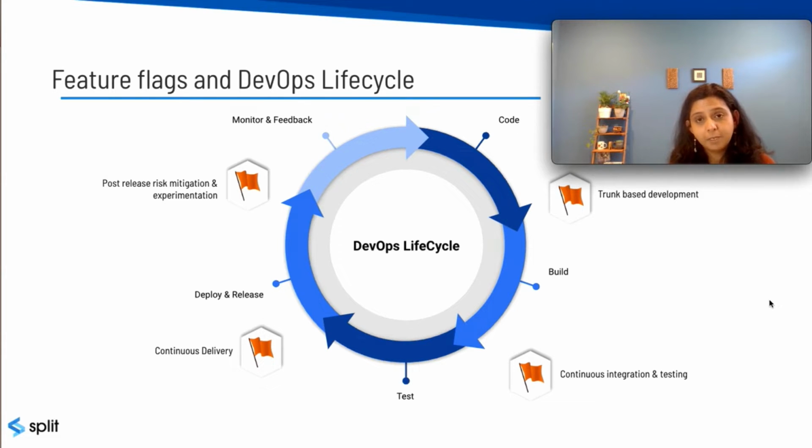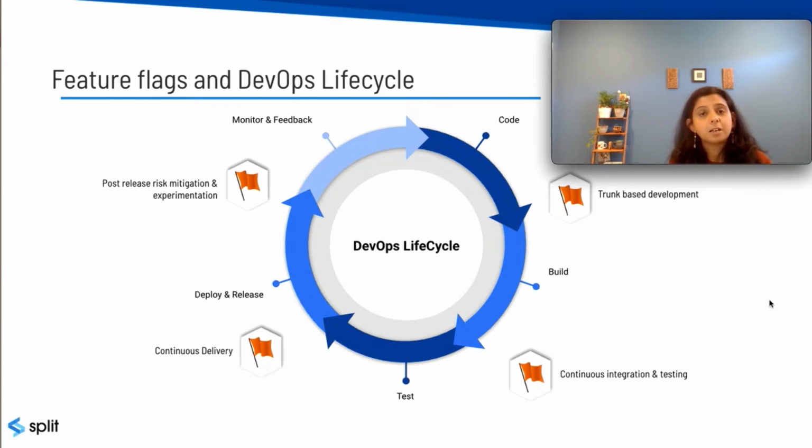To make this happen, we need the ability to separate deploy from release, and feature flags enable this. Trunk-based development is critical for continuous integration because continuous integration relies on the fact that we have a single code branch that represents the state of the system at any given point of time.